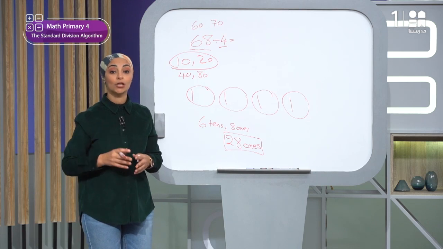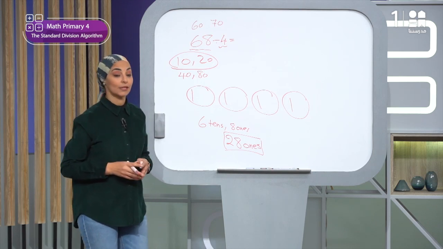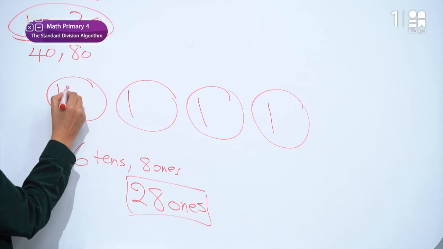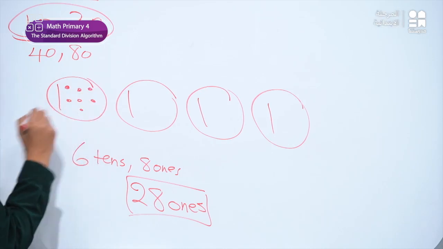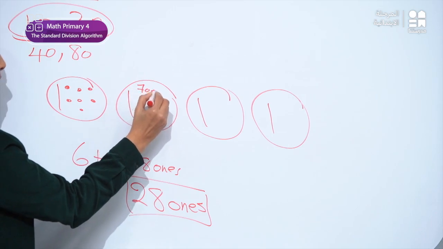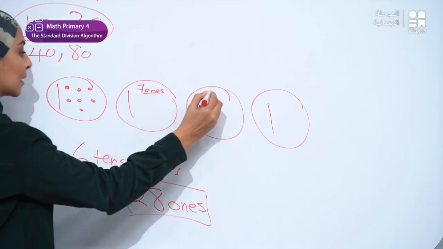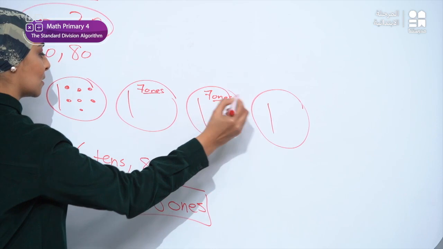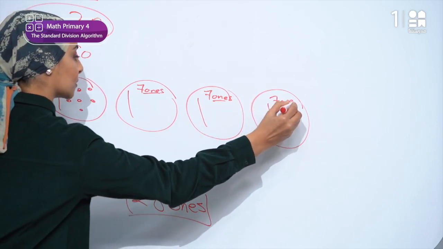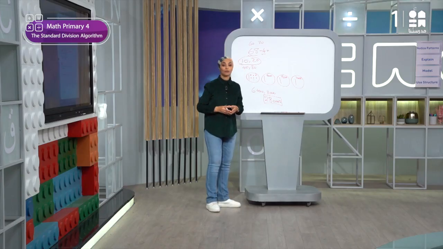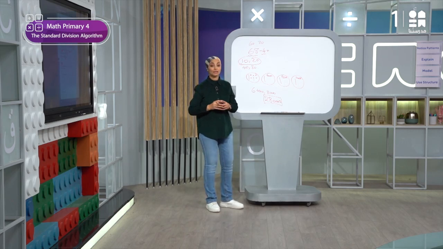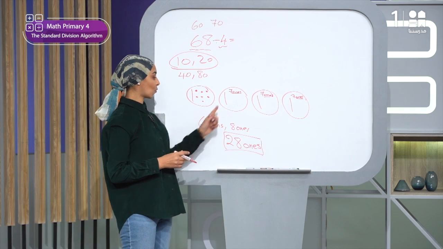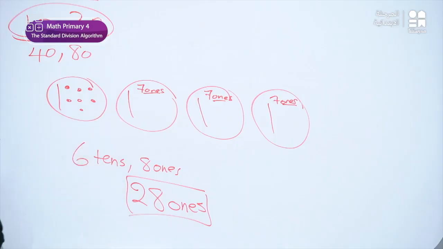So we will draw 7 ones. Let's draw 7 ones in each one: 1, 2, 3, 4, 5, 6, 7. Also I will draw 7 ones here, here also 7 ones and here also 7 ones. Okay, then each circle has 1 ten plus 7 ones, right? 1 ten and 7 ones.